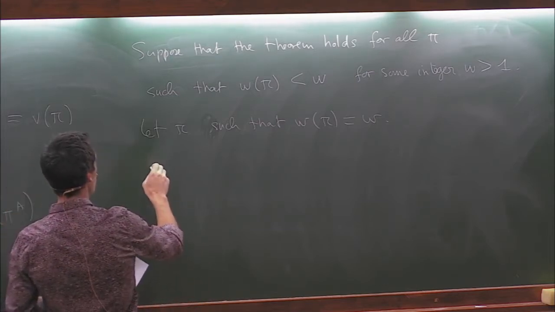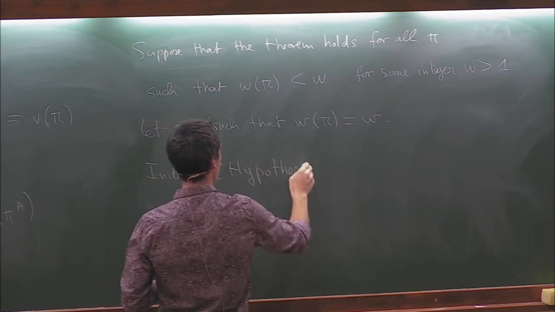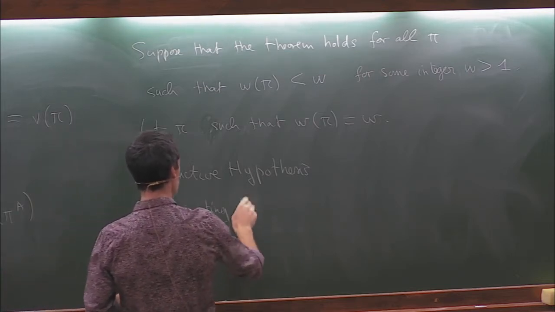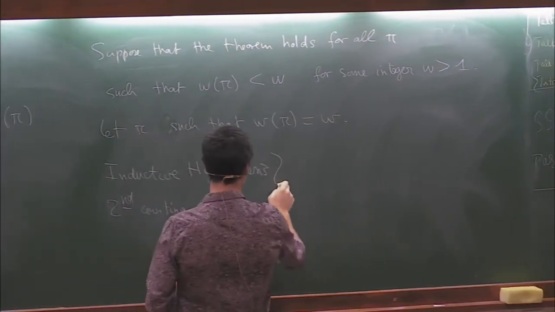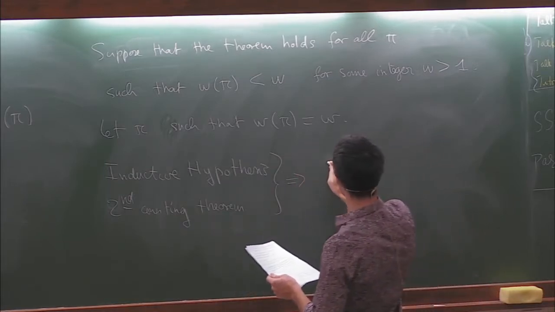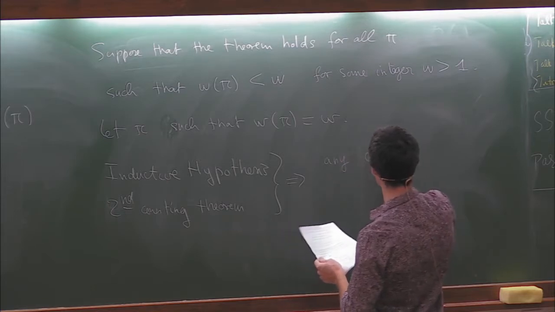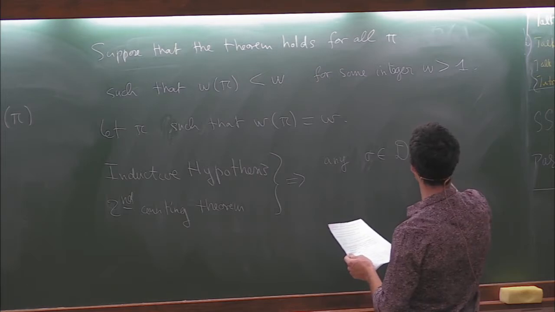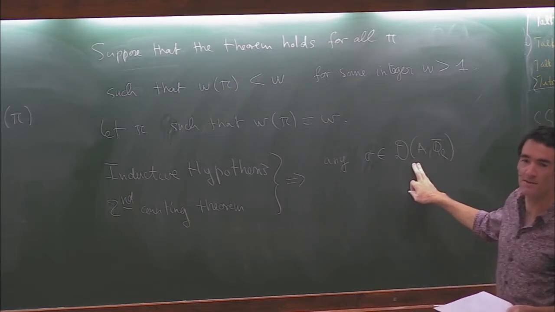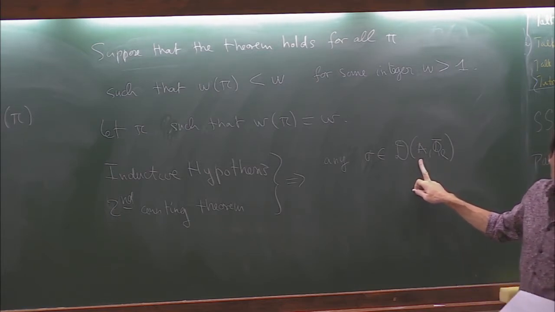If you consider the inductive hypothesis and the second counting theorem, if you put these together, it implies that any sigma in D of A over Q_l bar, so I said it earlier, but I did not write it explicitly, any irreducible representation of A is supercuspidal. So in particular, it is essentially square integrable.